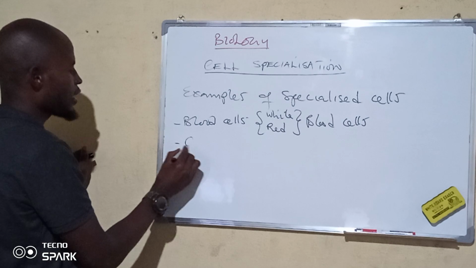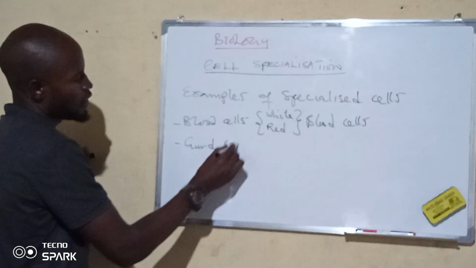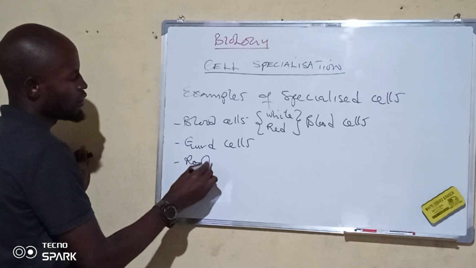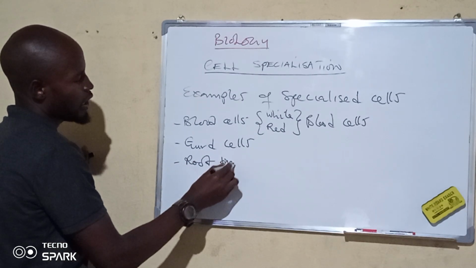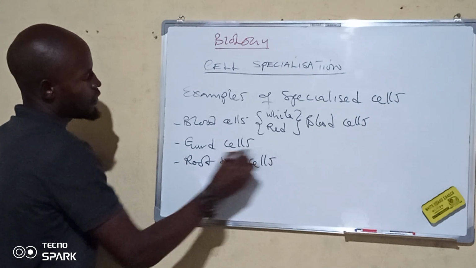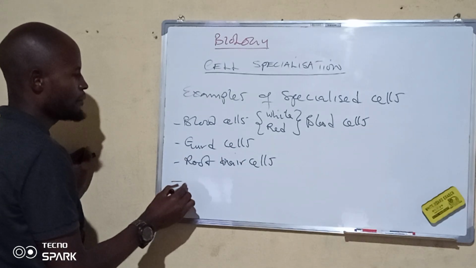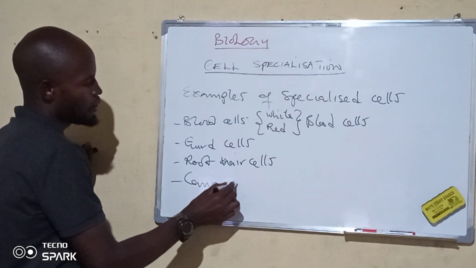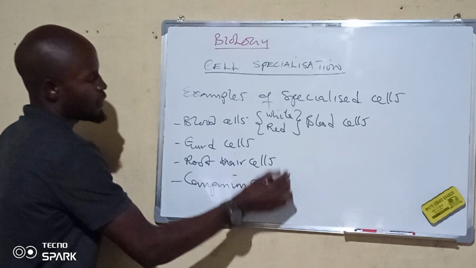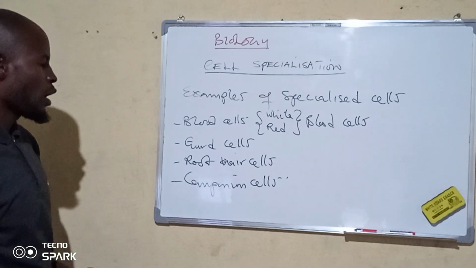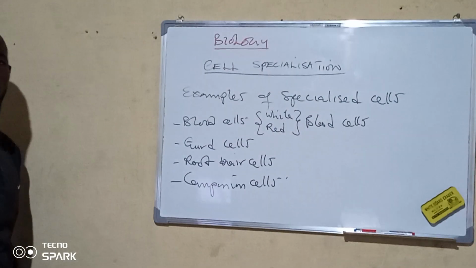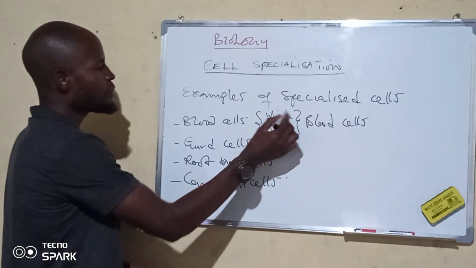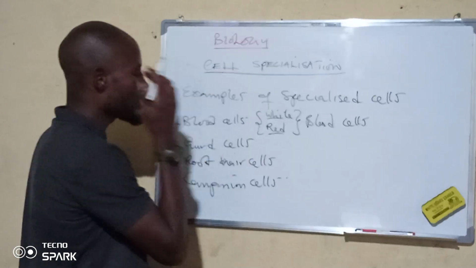Then we can talk about the gut cell, the root hair cell, and the companion cells. Now, when we talk about the blood cell, it is divided into two categories: white blood cell and red blood cell.